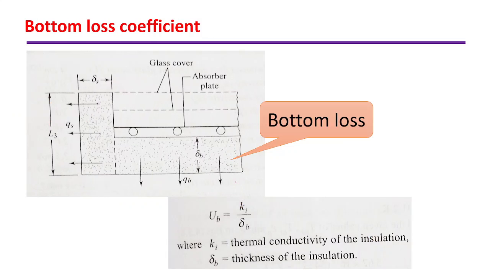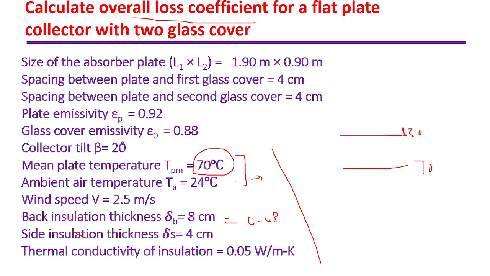Note down the formula UB equals Ki upon delta B, and let me know the value of the bottom loss coefficient. Did you get the number for that?